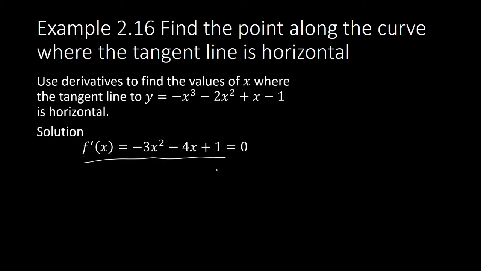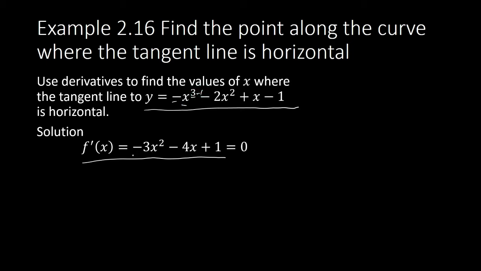Again, where did this come from? f prime of x is equal to negative 3x squared minus 4 times x plus 1. It came from this. So applying your rules for getting the derivative, you will keep the negative sign, and then 3, you will bring it down. So it's going to be negative 3 times x, and then minus 1.